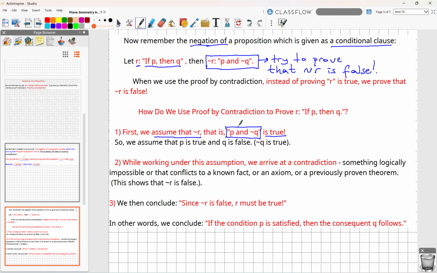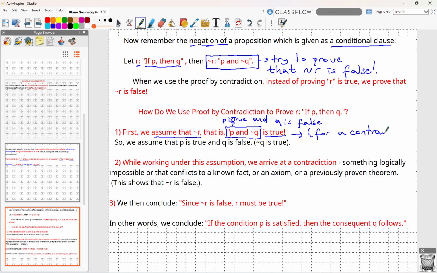In other words, we assume that P is true, but Q is false. And we assume that negation of R is true just to get a contradiction later. We make this assumption for a future contradiction.